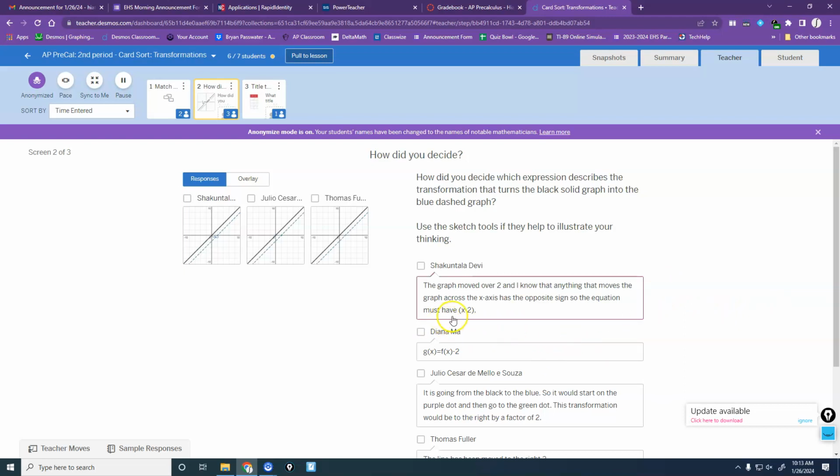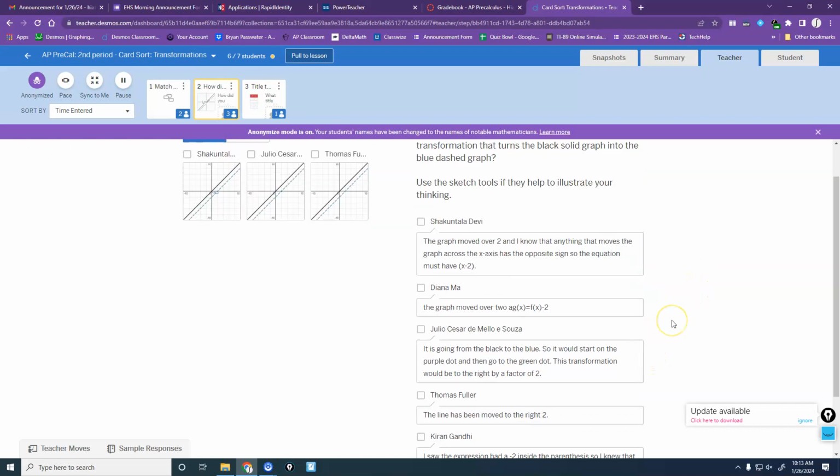So it would be right here for Shakuntala, we would want to say f of x minus 2 and not just x minus 2. That works great. When you say over, I would put left or right with that. That would work, but before Diana starts changing this one, g of x equals f of x minus 2.